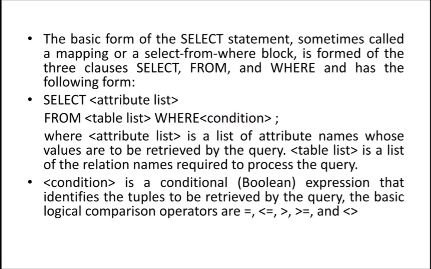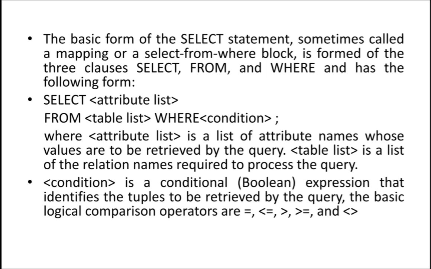You will understand. So you can see here, the attribute list is a list of attribute names whose values are to be retrieved by the query. So this attribute list contains the attribute names, right? Attribute names whose values you have to retrieve. Table list is a list of table or relation names, right?